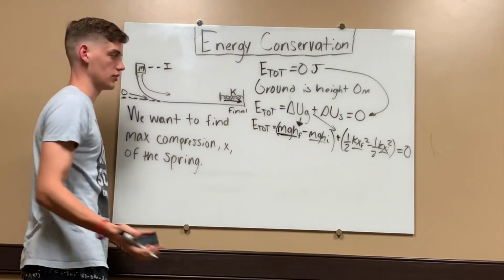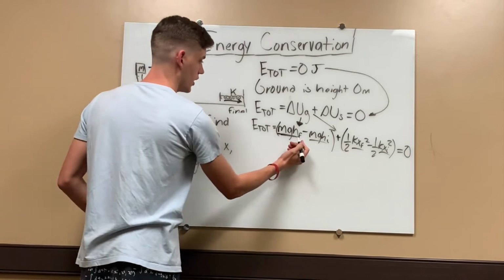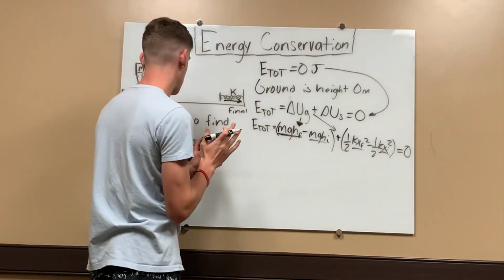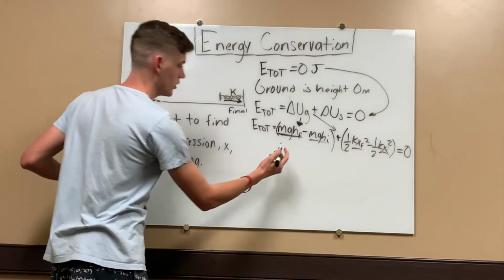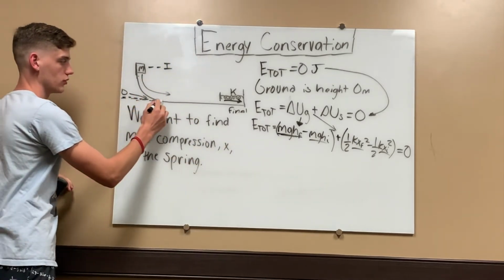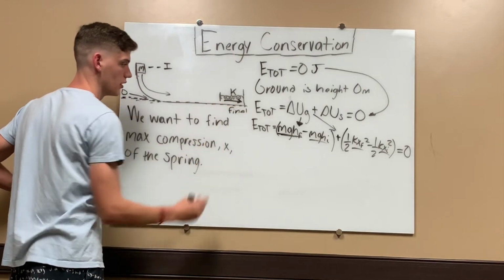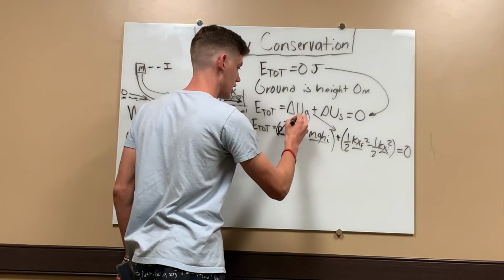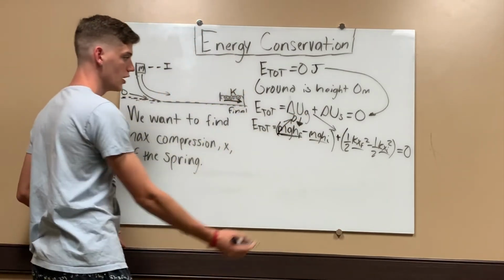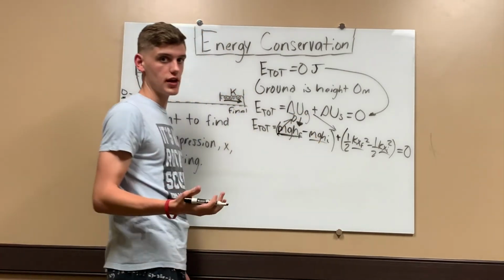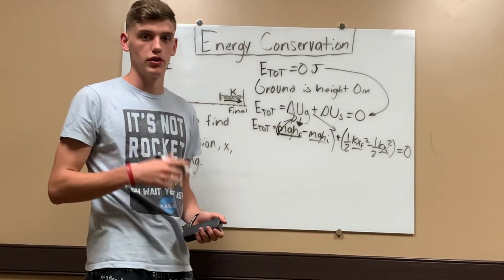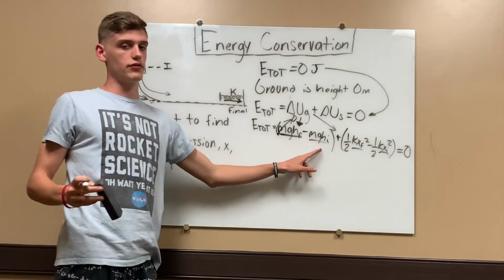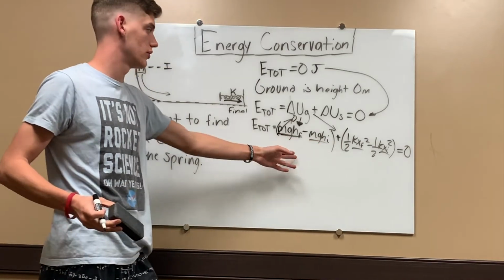Our mass isn't 0, gravity is not 0, but in our final situation, when this spring is at its maximum compression, we know that height is 0 because it's at ground level. We defined ground to be 0. So our final height is just 0 meters, and this is going to completely cancel out. Looking at this one, again, m's not 0, g's not 0, and our initial height is above the 0. So h is going to have a value, so we can't just cancel that out.